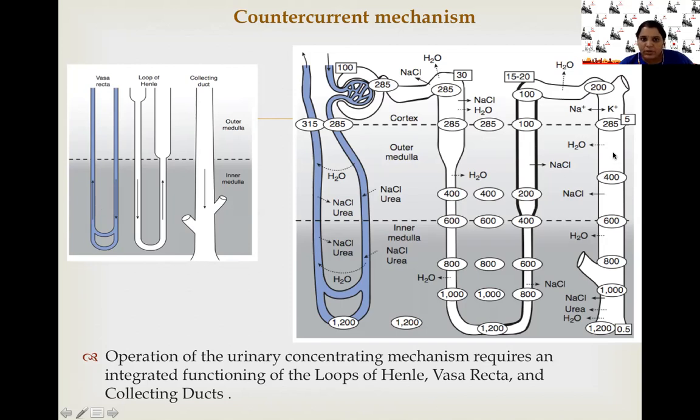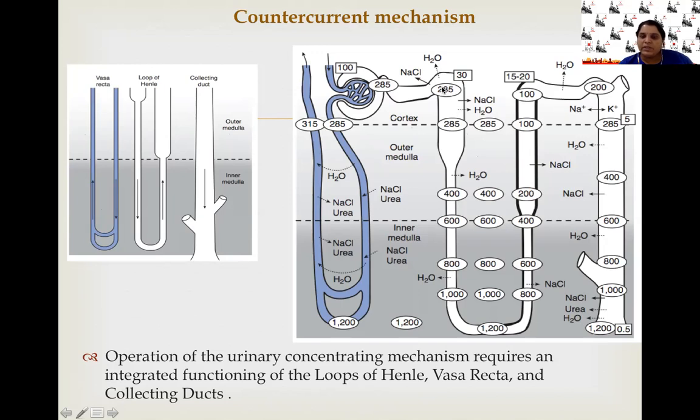And last but not the least, the collecting duct has the equilibrating devices. So we need a proper integration of the functioning of all these three mechanisms, the multipliers, the exchangers, and the equilibrating mechanism, to form a properly concentrated urine.